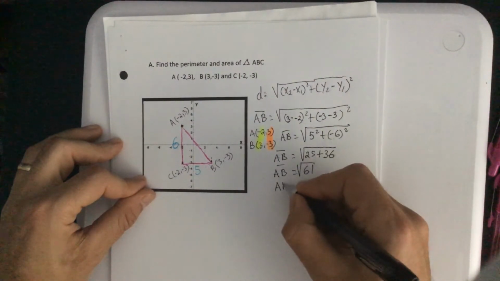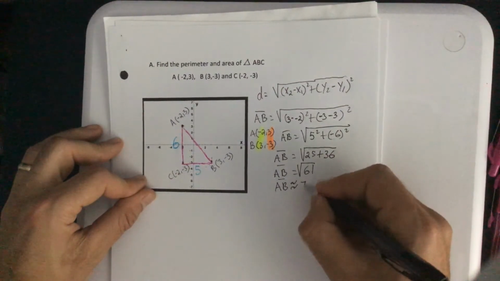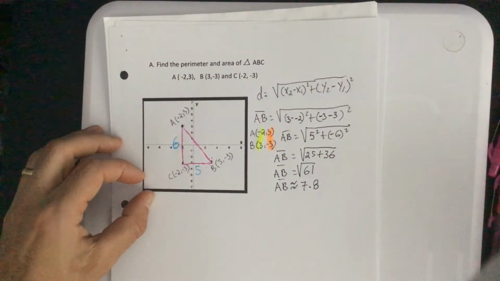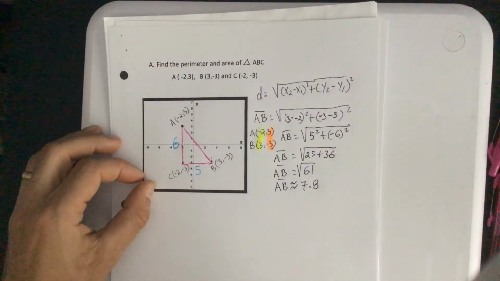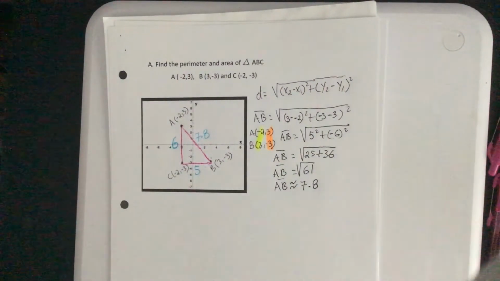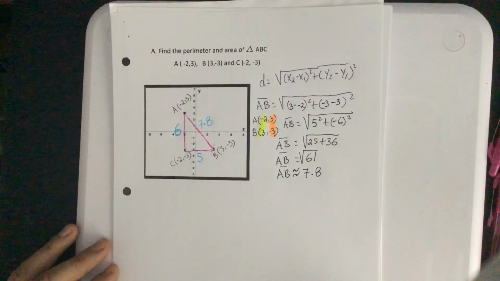And if you use your calculator, you should be getting approximately 7.8. So that will be basically here, 7.8. So now we got all the information to find the perimeter and how to find the area of the triangle.